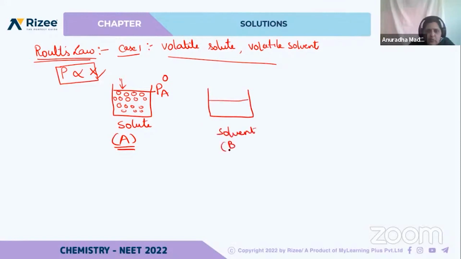Next, in the same manner, let's take some solvent here. Let's say this one is B. The pressure exerted by this one is PB0. But let's assume that PB0 is less than PA0.